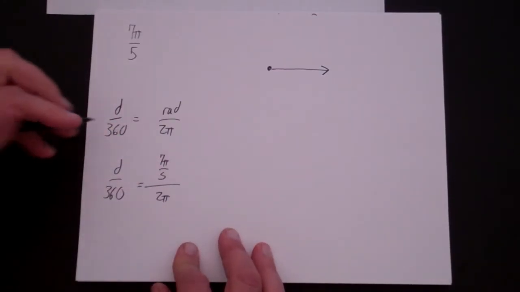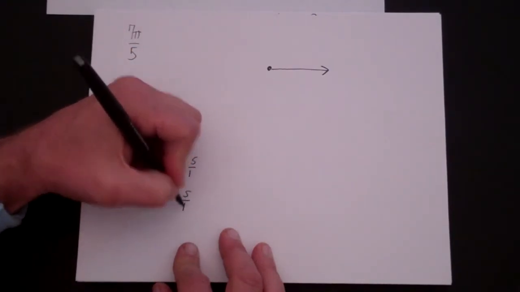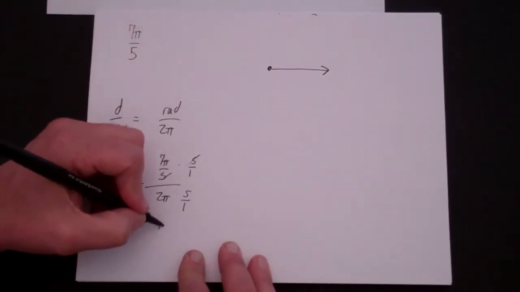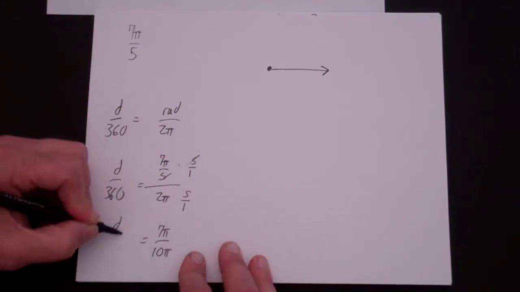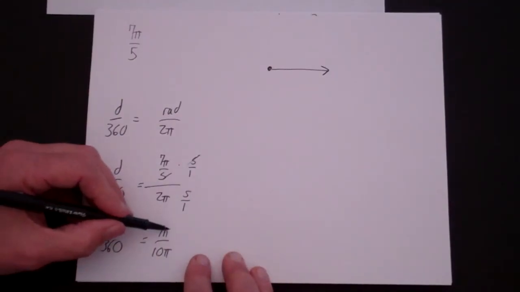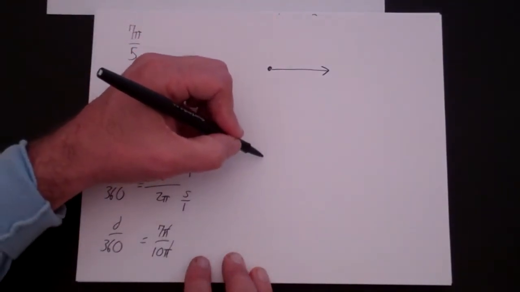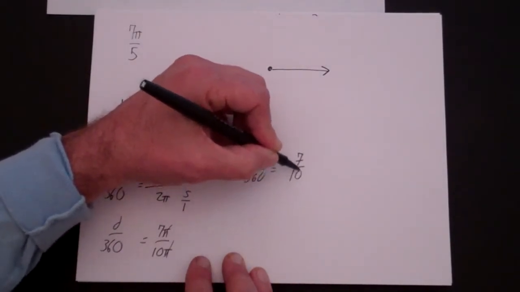If you have trouble with this, let me know and I can help you, or there's another video you can watch. Multiply this by 5 over 1, the 5's cancel. And I get 7 pi over 10 pi, d over 360. The pi's are going to cancel, and I get d over 360 is equal to 7 over 10.